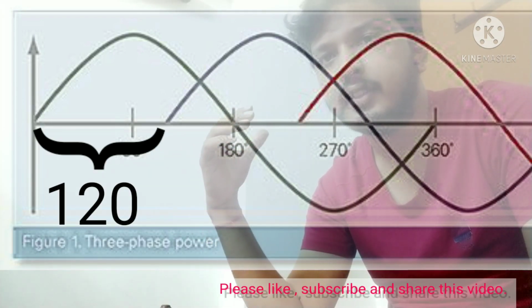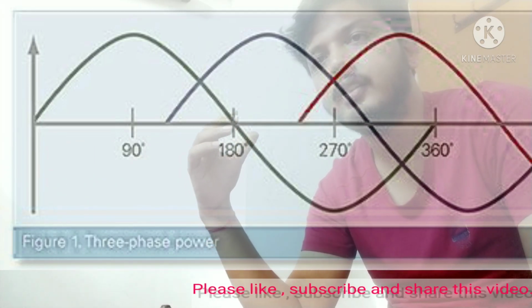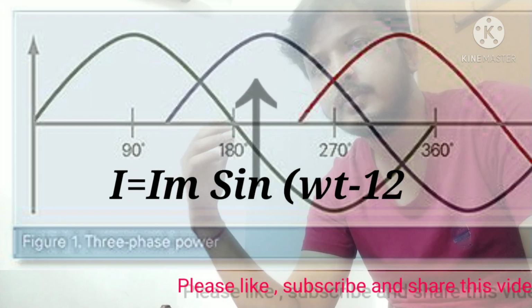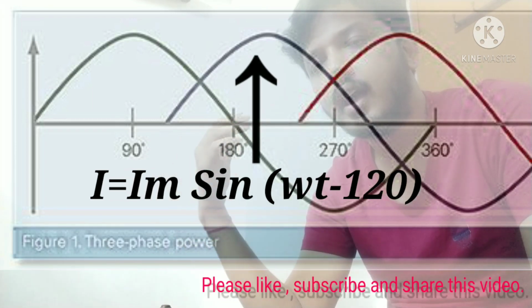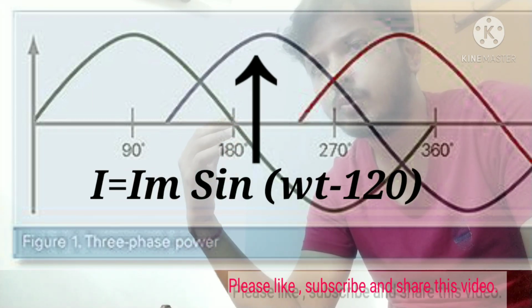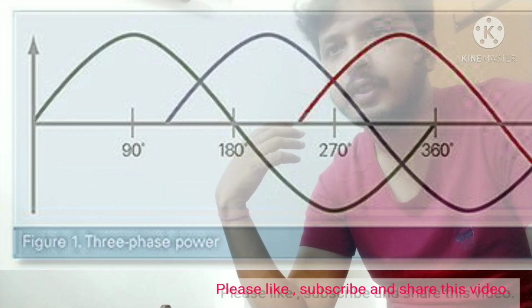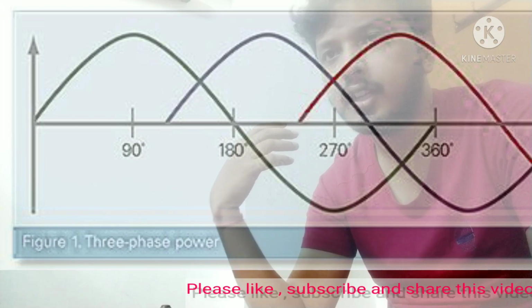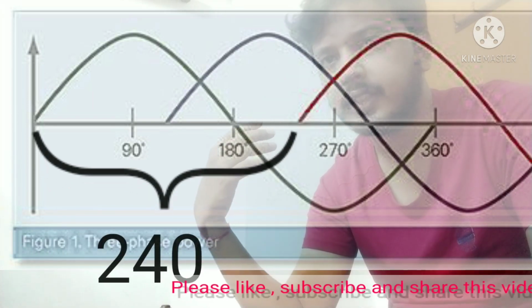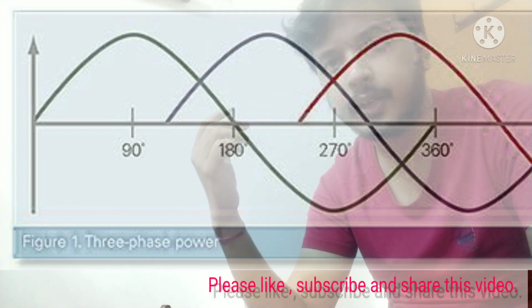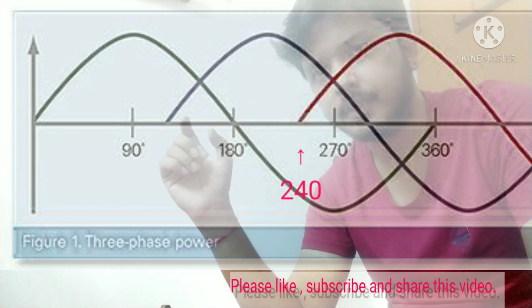As this current is lagging the first current by 120 degree in time, its equation will be I equal to Im sin omega t minus 120 degree. The current represented by red color starts 120 degree more after that. So it is lagging the first current by 240 degree in time.